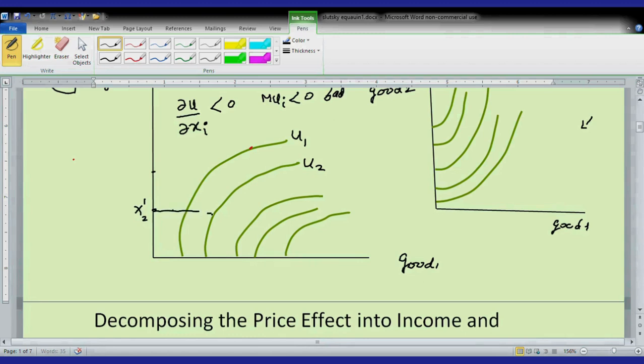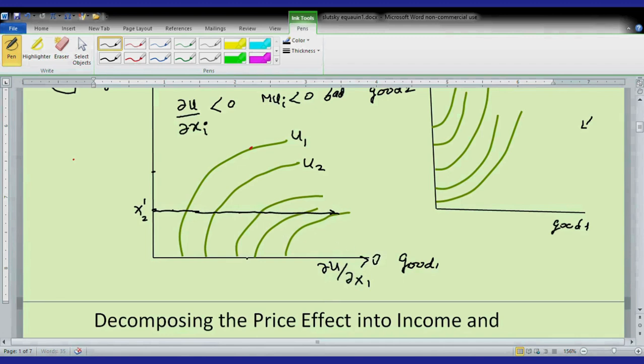See that when you increase consumption of good 1 in this way, you move from a lower to a higher level of satisfaction. So your utility increases, meaning this is the case where ∂u/∂x1 is greater than 0.